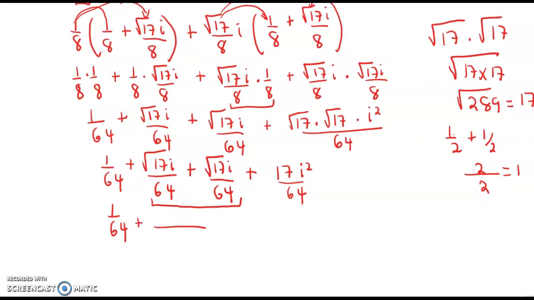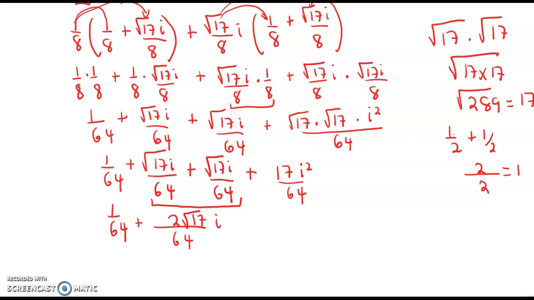We're going to keep the common base, which is 64. And if you add root of 17i plus root of 17i, that gives you 2 root of 17i. There is a 1 in front of each square root, which we do not write. So 1 plus 1 gives you 2, and you have your square root of 17i, and you divide by 64.